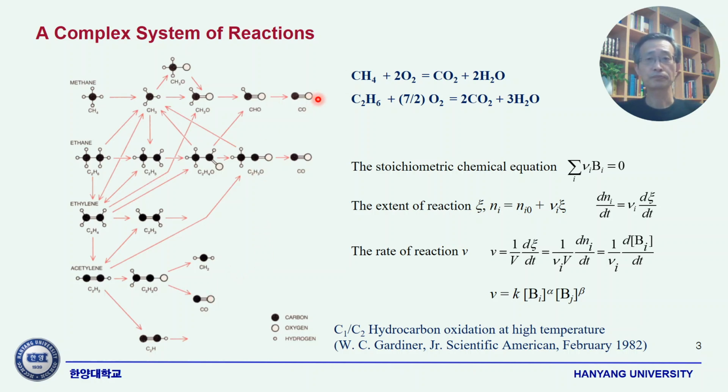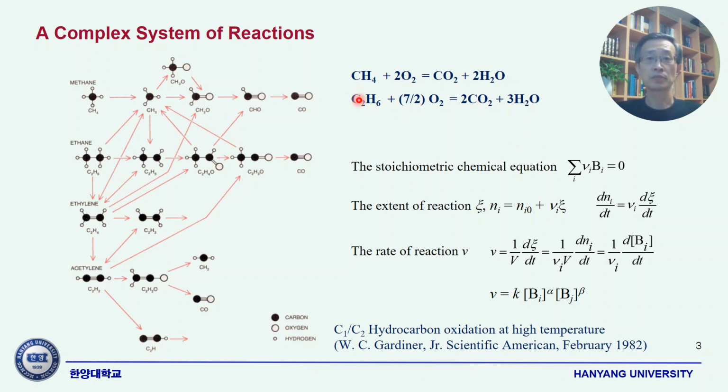Here, for the methane and ethane reactions, at an elementary level, or in general chemistry, we just write the stoichiometric equation like that. Methane is oxidized to carbon dioxide and water. Ethane is also oxidized to carbon dioxide and water, with the stoichiometry fulfilled.